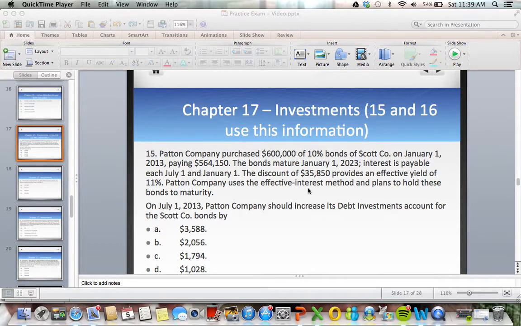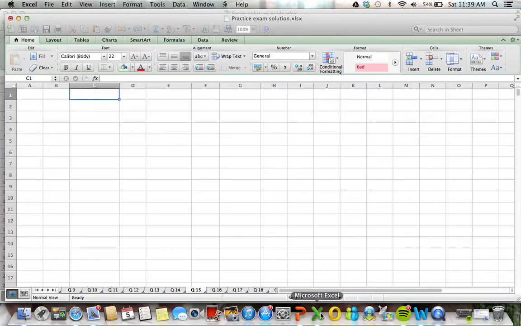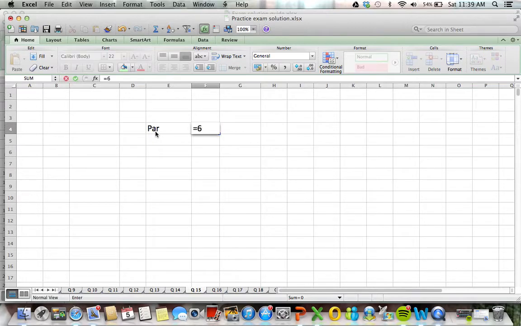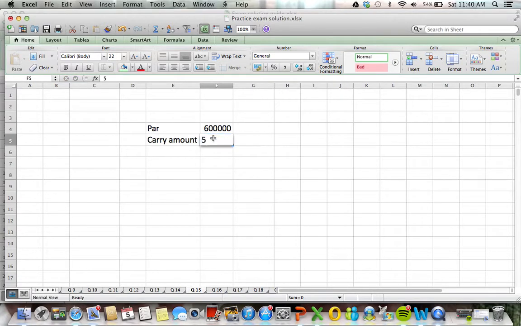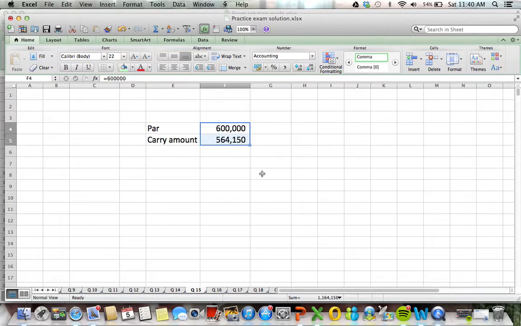Par on this bond is 600,000, and we paid 564,150. So we have these amounts here, and the yield is 11%.